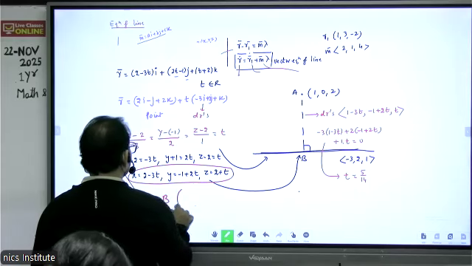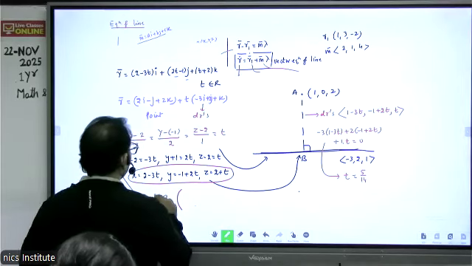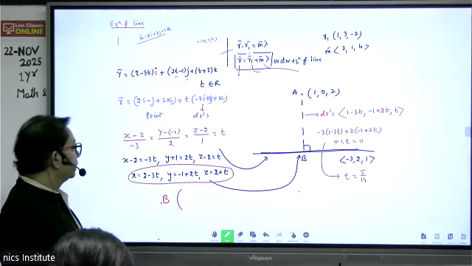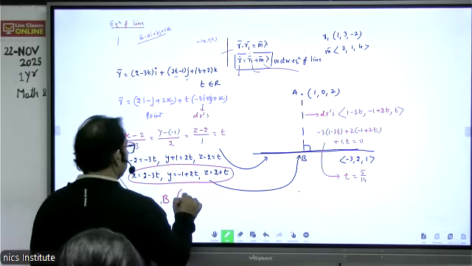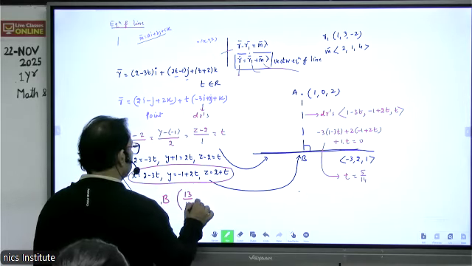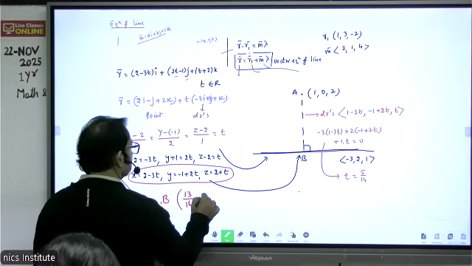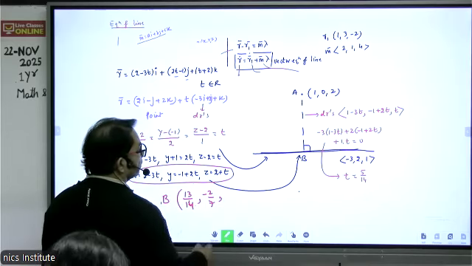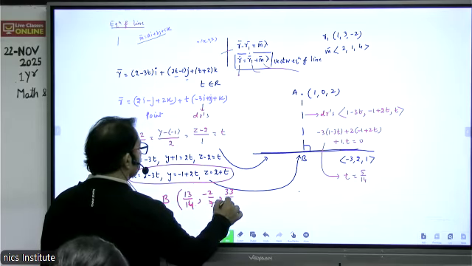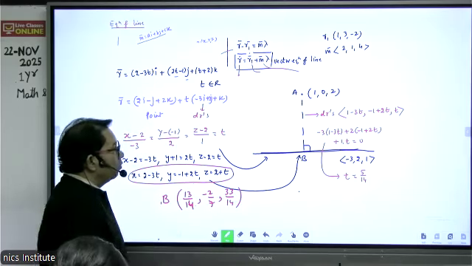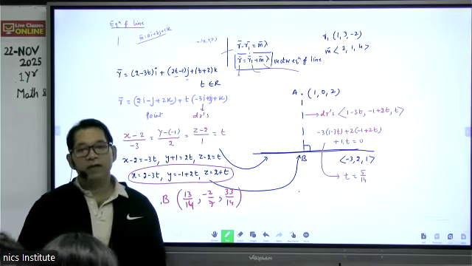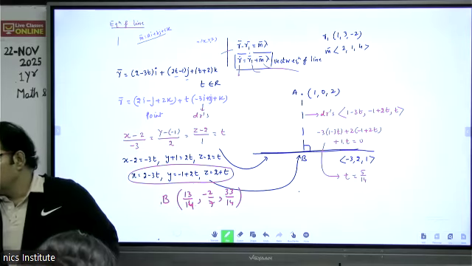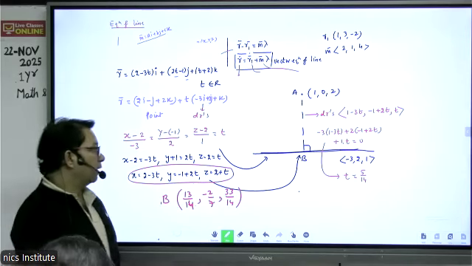What is x coming? 2 minus 5/14, that is 28 minus 15, 13/14. What is y coordinate? -2/7, and z is 33/14. And once we know the coordinates, we can apply the distance formula and we can get the distance also. So this is how you find the foot of the perpendicular.